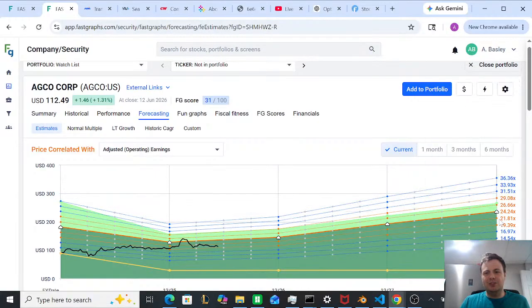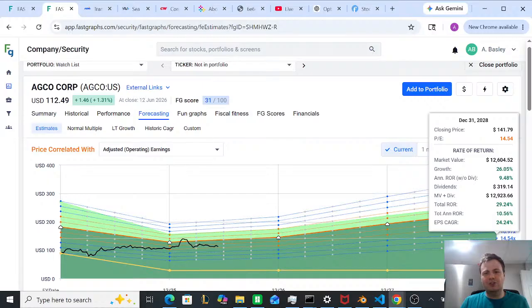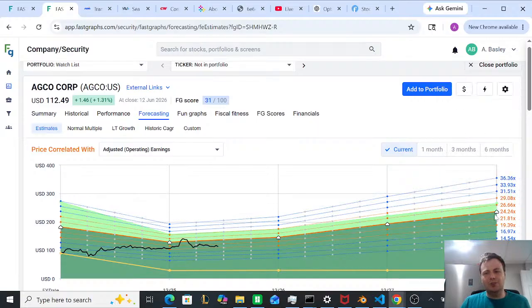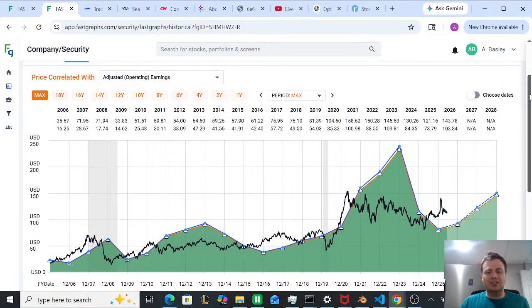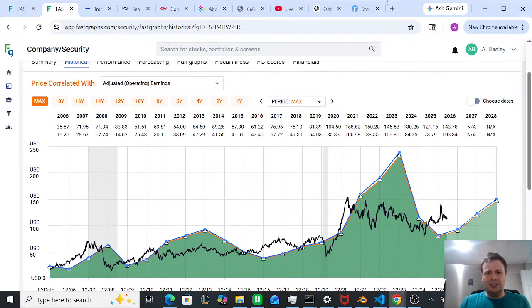If we traded at a 15 multiple, we're only getting like 11%. So you're really expecting the multiple to expand here. That's where a lot of that forecasted growth is. We see that the blue line doesn't really move off the orange line, so that's not that exciting.